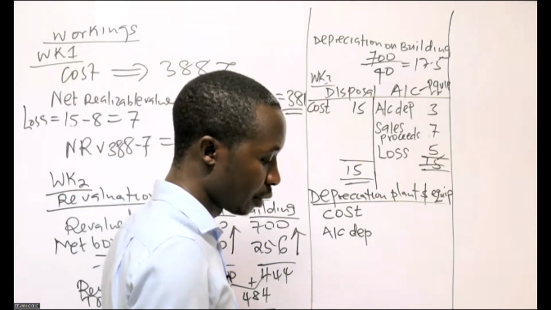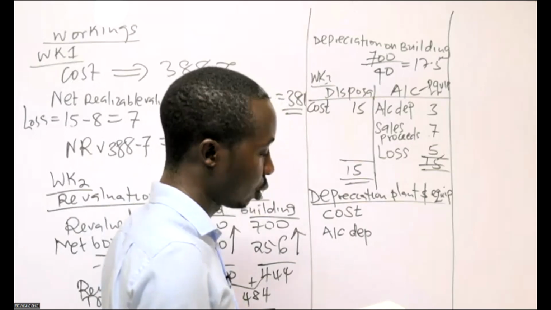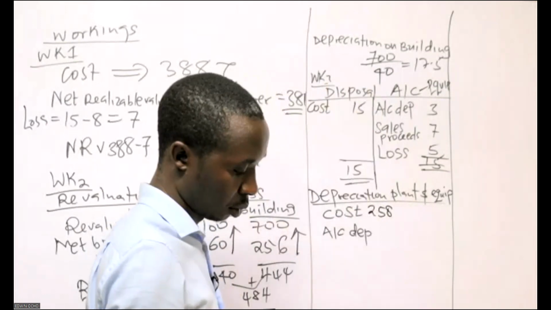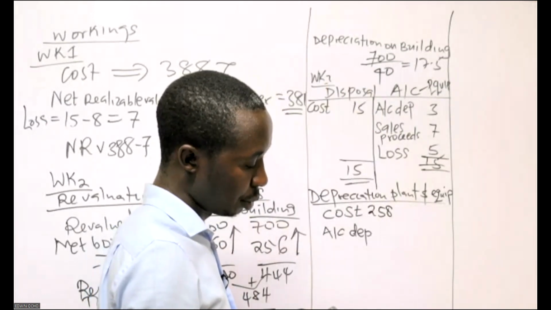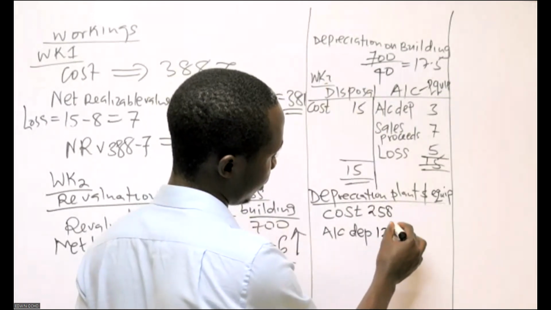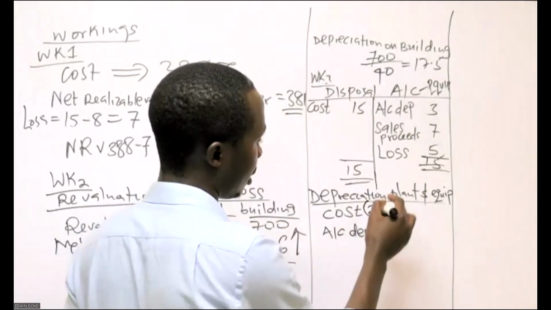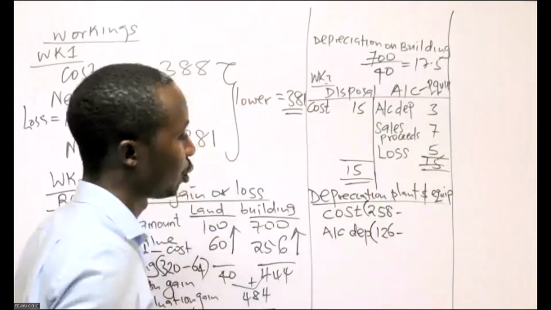So the plant and equipment from the trial balance was treated at 258. That is the cost. Accumulated depreciation being 126. But here now we have the same equipment which was disposed.